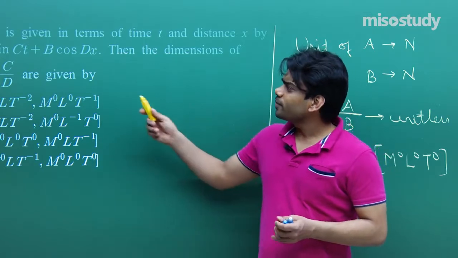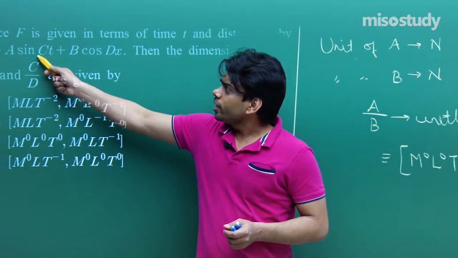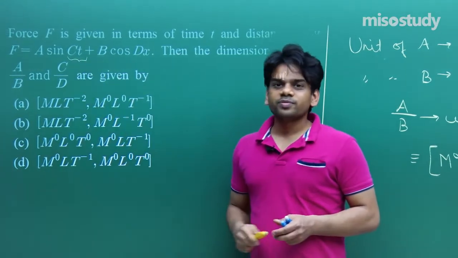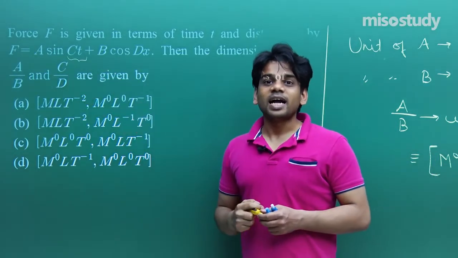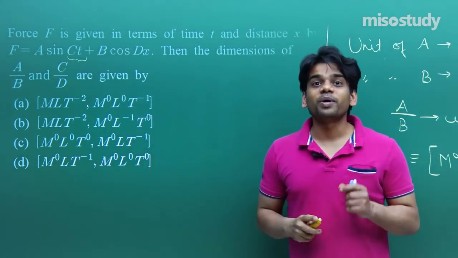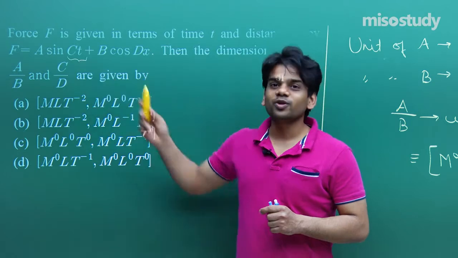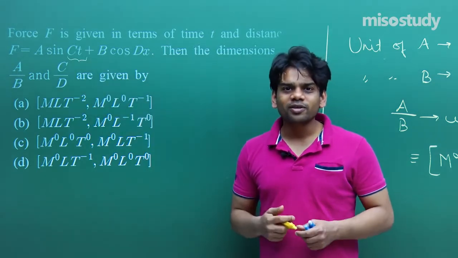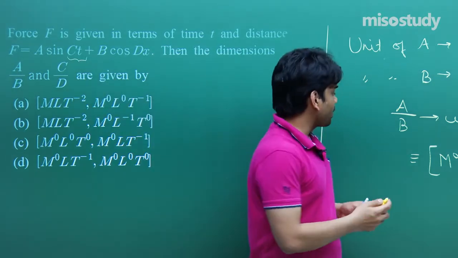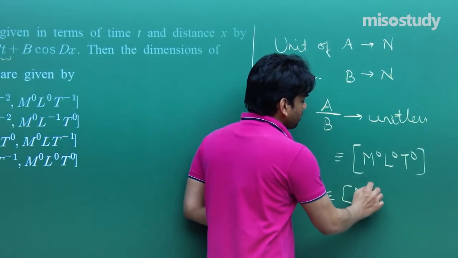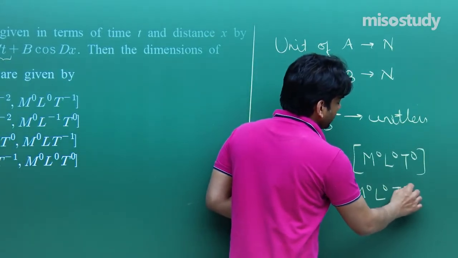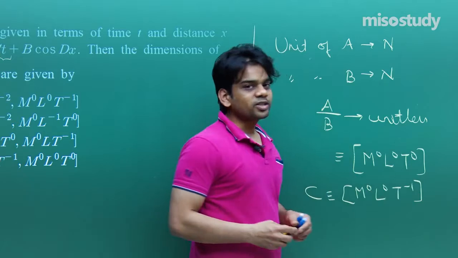Now let's go with c/d. I told you here we will be having no units. c into t is multiplied in sin ct. That is, c will have the unit per second, because t has the unit of time, that is second, so c will have the unit per second. So I am writing the dimension of c, which will turn out to be M^0, L^0, T^-1. Now let's go with d.